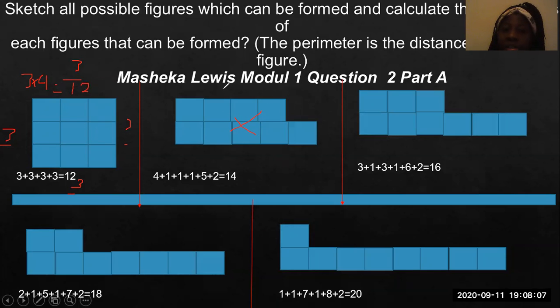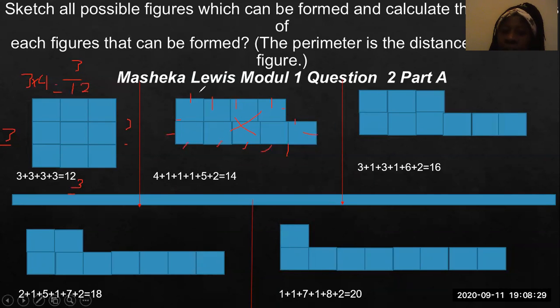Now you're not able to do the same thing on a shape that does not have equal sides. 2, 3, 4, 1, 1, 1, 5, and 2.